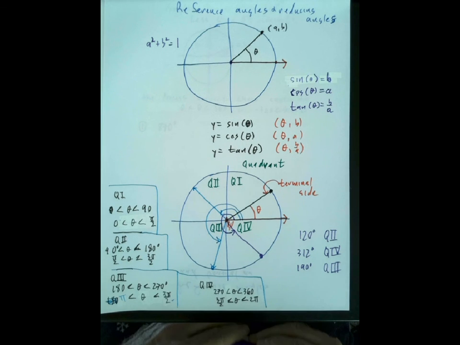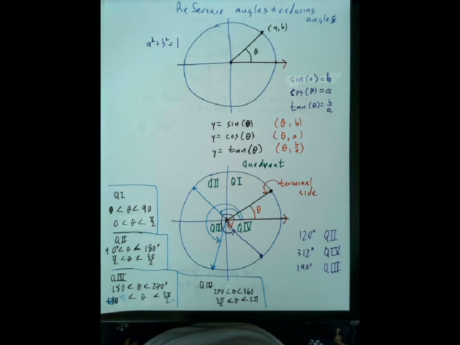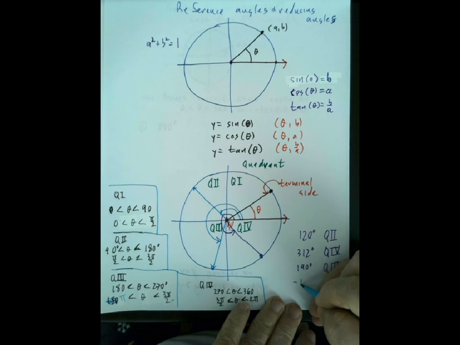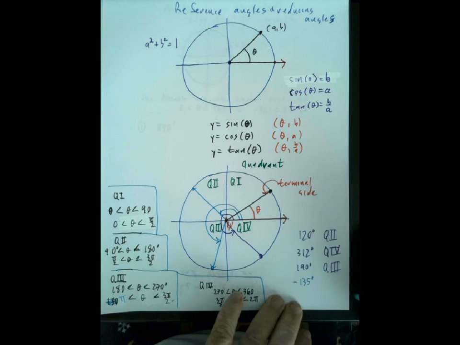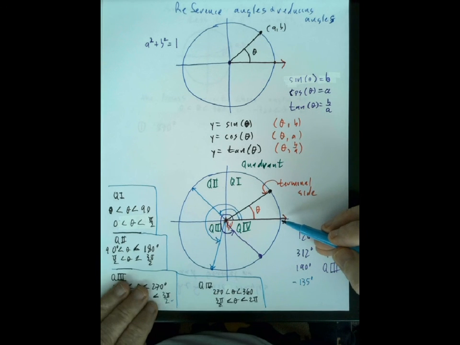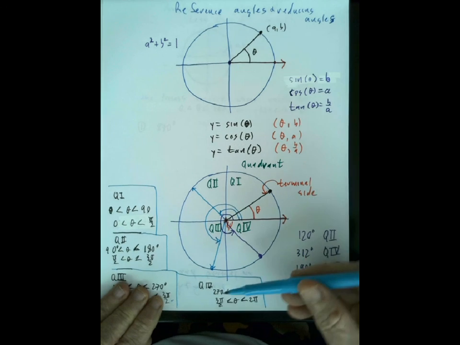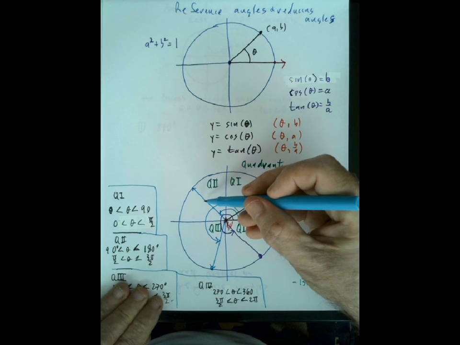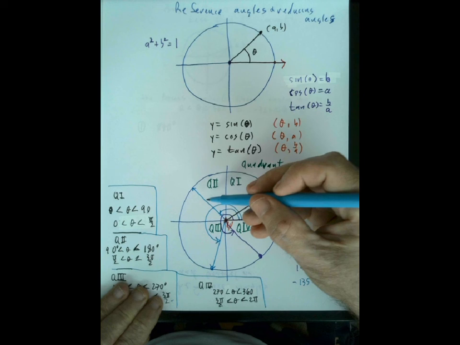Now what if it's negative? Negative requires a little bit of visualization. What about negative 135? Negative means we're measuring this way, and positive 135 would be around over here in Q2.